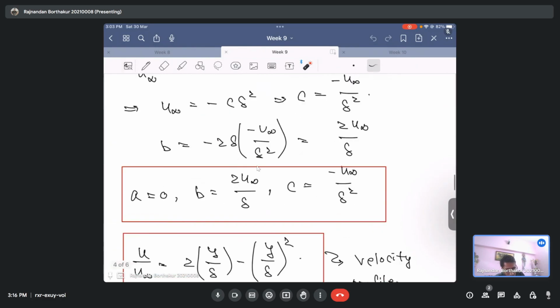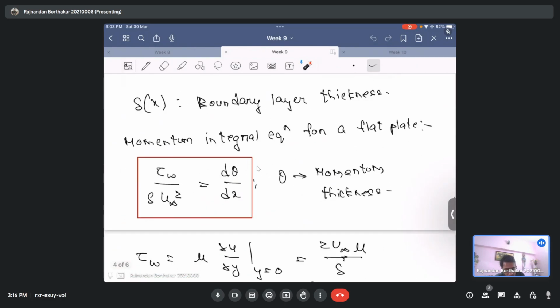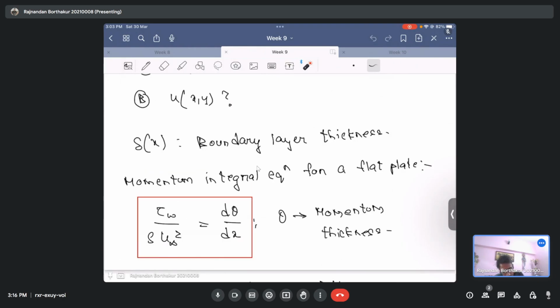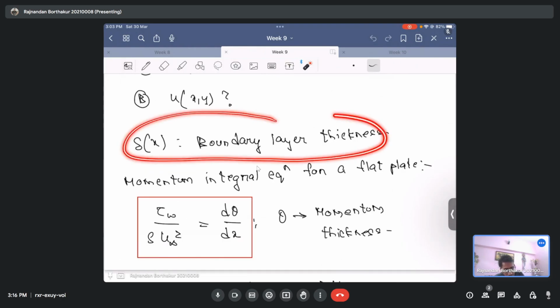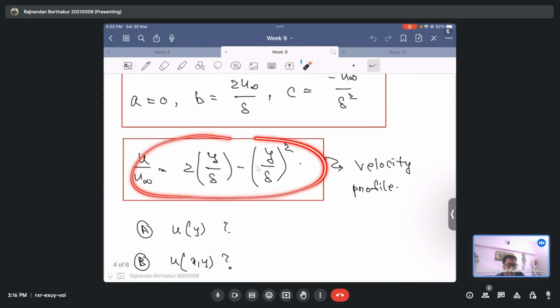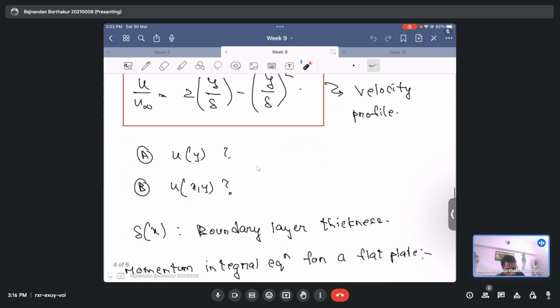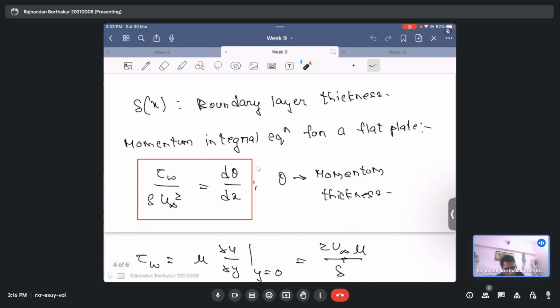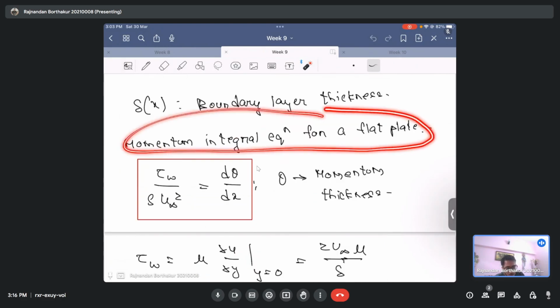Once we were done evaluating the constants, our next task was to evaluate the boundary layer thickness delta using the velocity profile. For that, we used the momentum integral equation for a flat plate.